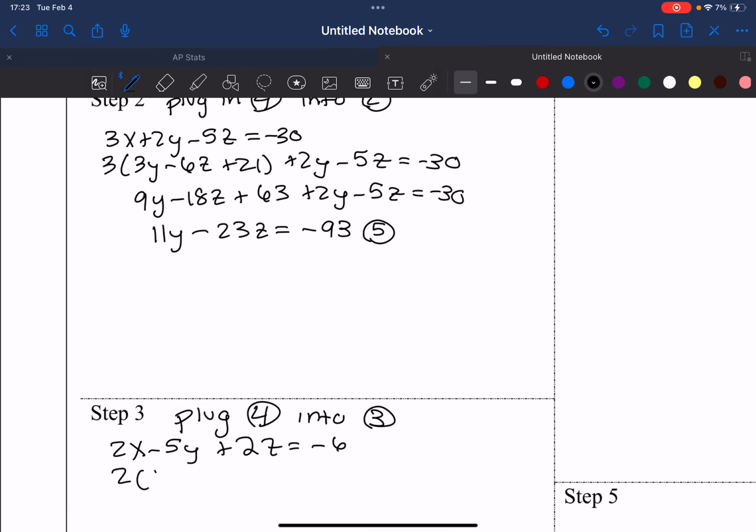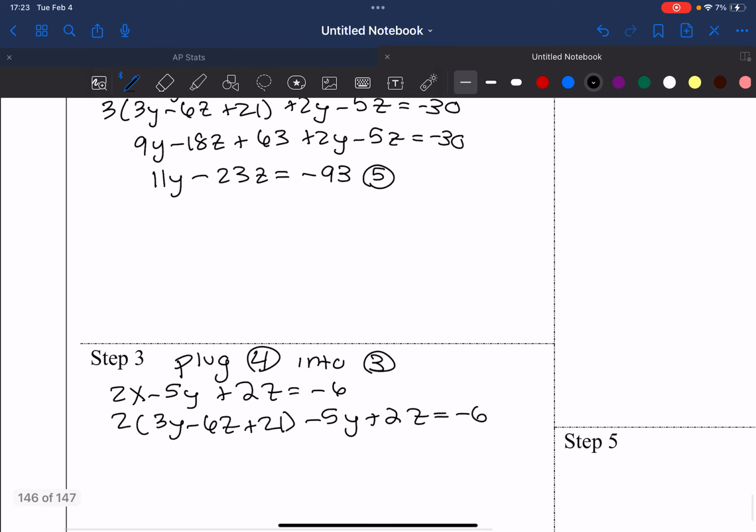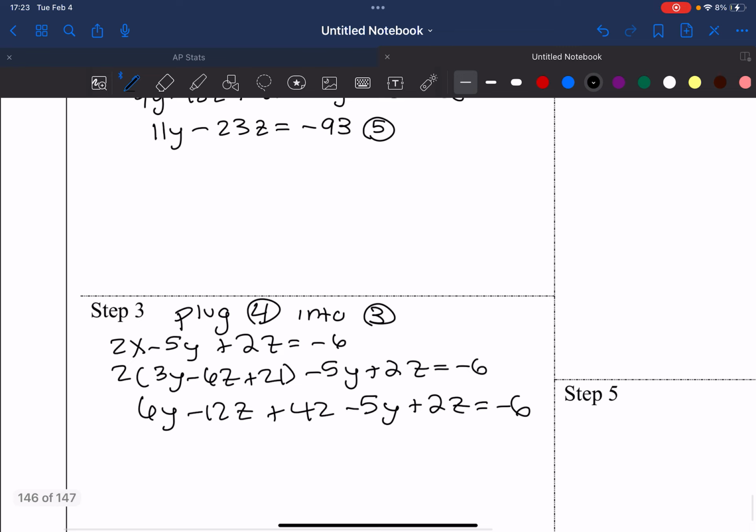So 2 times 3y minus 6z plus 21 minus 5y plus 2z is equal to negative 6. 6y minus 12z plus 42 minus 5y plus 2z is equal to negative 6. Simplifying, I get y minus 10z is equal to negative 48.